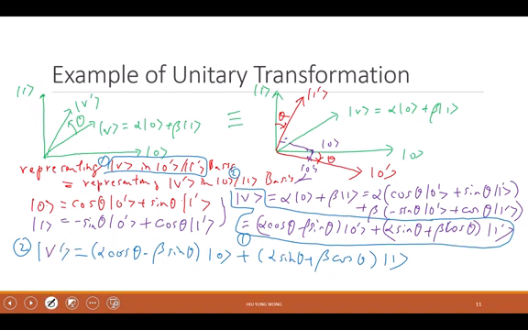So if I try to write it in the matrix form, it's alpha cosine theta minus beta sine theta, alpha sine theta plus beta cosine theta. But the most important thing is, the first item refers to which basis here? 0, not 0 dash. The second item refers to 1.